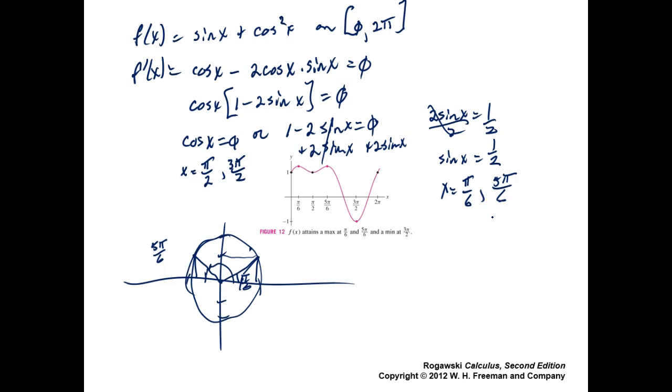And we have our endpoints, 0 and 2 pi. So this is just my dumb little way of doing it.